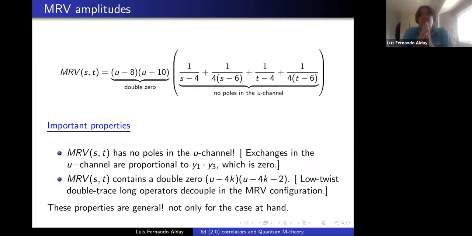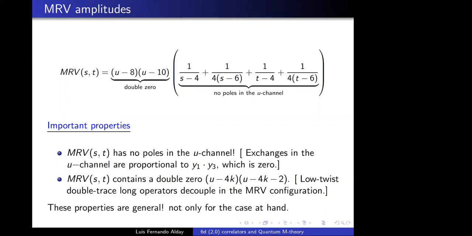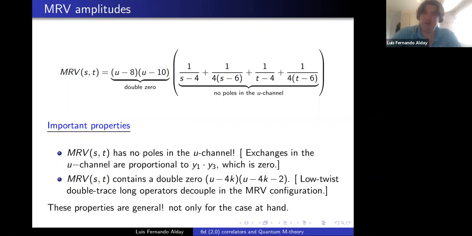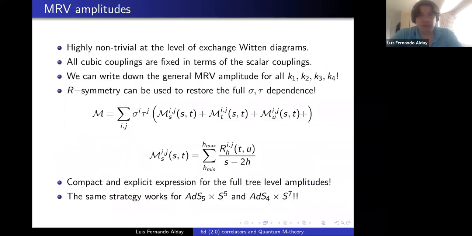You could also take multiplet by multiplet and act with the superconformal Ward identities, and that would also give you a relation between the cubic couplings. But that is very hard to implement. While these double zeros are very powerful, they are very simple to implement. And then we have found a way where contact diagrams are not there, and that's just luck, I think. Thank you.